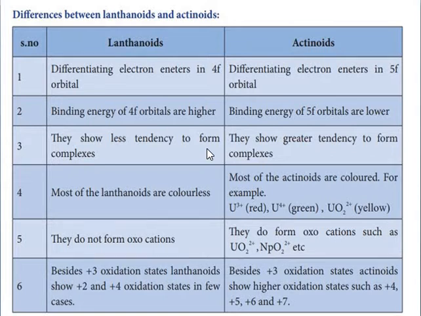The first difference between lanthanoid and actinoid series: the differentiating electron enters the 4f orbital in the case of lanthanoids, because the principal quantum number is 4, and in the case of the actinoid series the differentiating electron enters the 5f orbital.